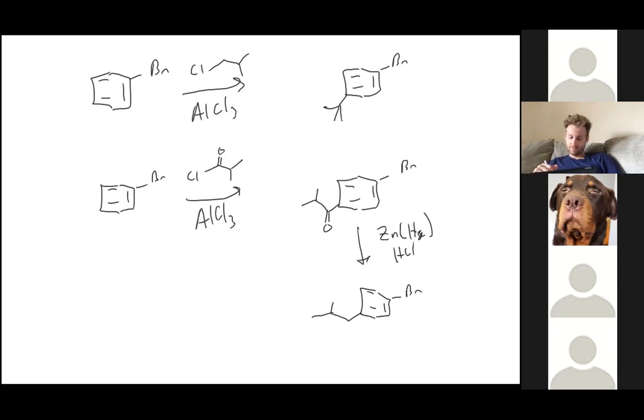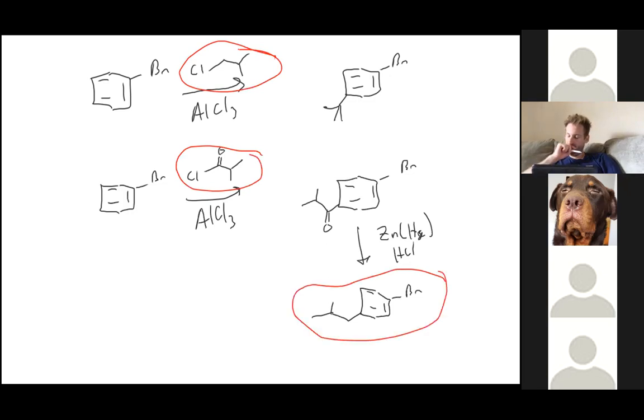So now we're adding what looks like this group here. We just had to do it through a two-step process where we added the acyl group and then reduced the acyl down to our actual product here.